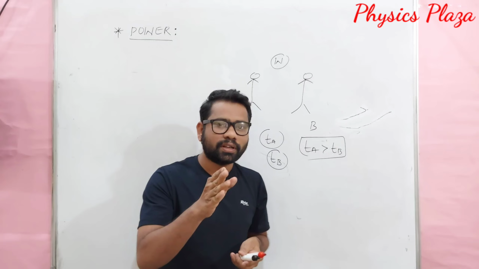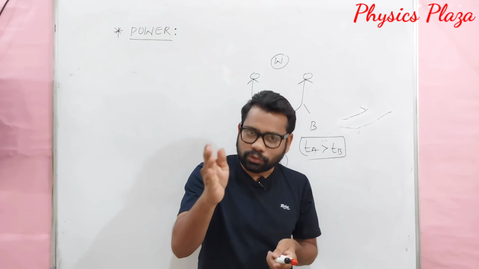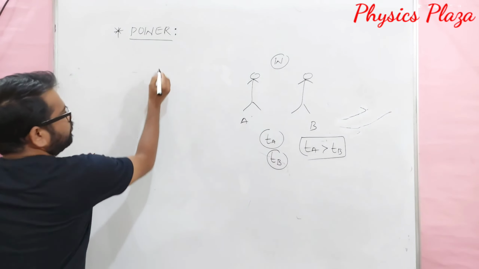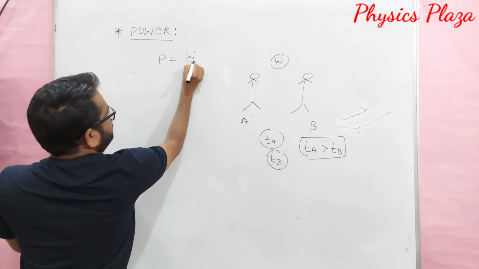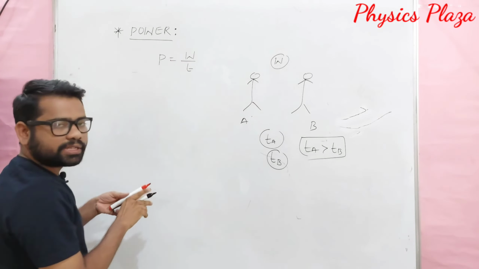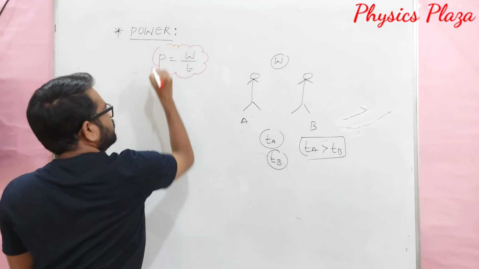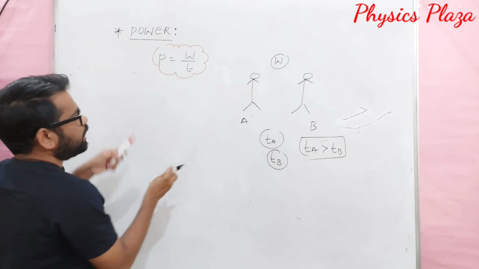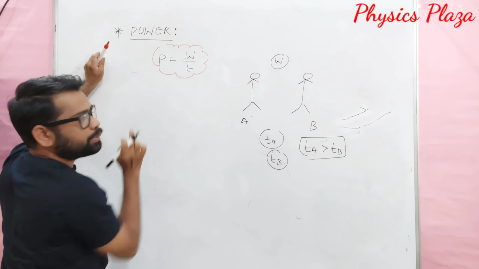So what is power? We can measure power in terms of work done with respect to time. So mathematically, power is equal to work by time. Also we can say it is the rate of doing work. The rate of doing work is called power. Children, for a given work, power is inversely proportional to time.